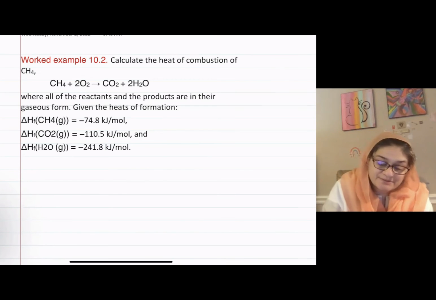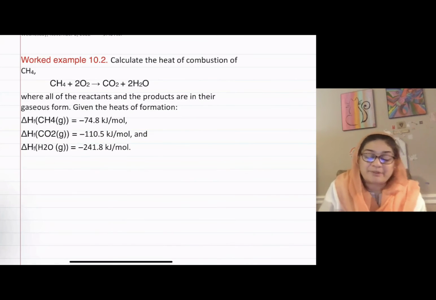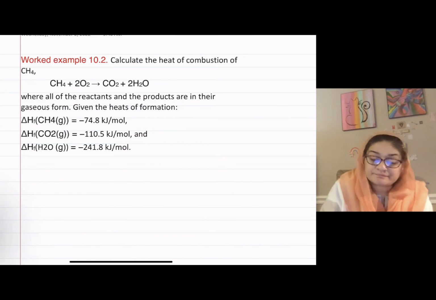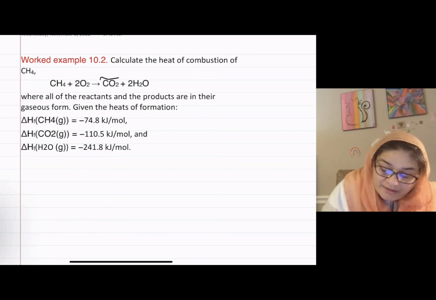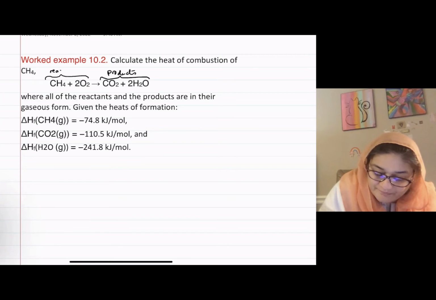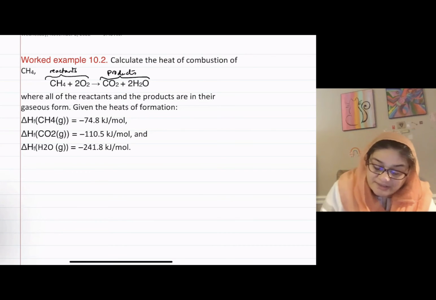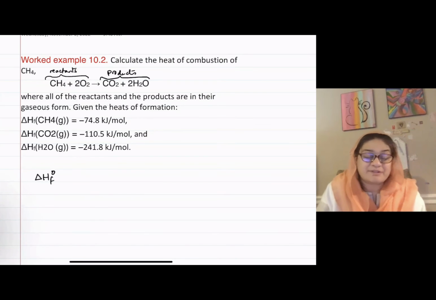Well, I have this formula I can use. So what are the reactants in this case, and what are the products? These are the products, excellent, and these are the reactants. Now how do I find the delta HF0 of this reaction?